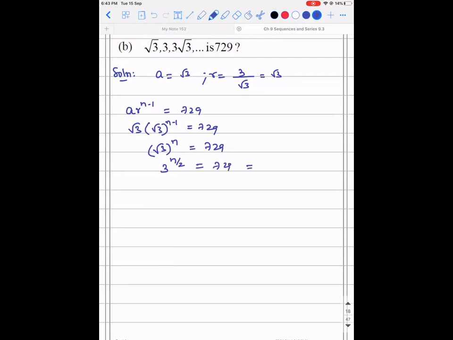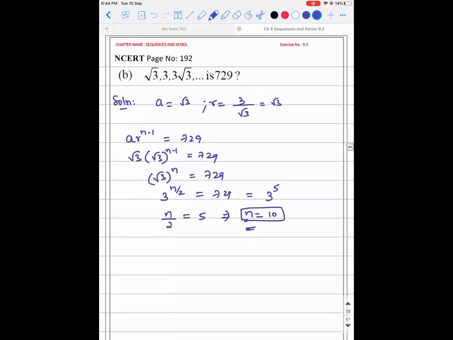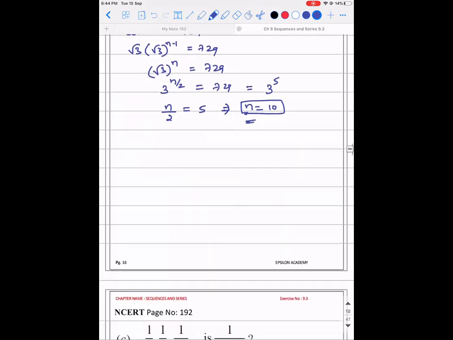So 729 is how much? 3 square is 9, 27, 81, 243, 729, 3 power 6. So n by 2 will be equal to 6, which implies n will be equal to 12. Okay, n will be 10.